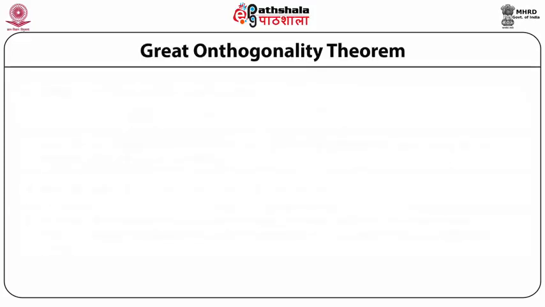Now let us consider the two cases separately. Case one is when alpha is not equal to beta, then the matrix M is equal to 0 by Schur's lemma.